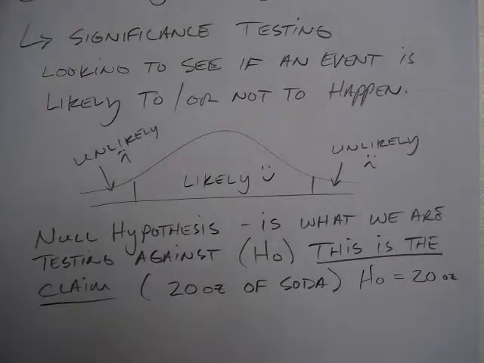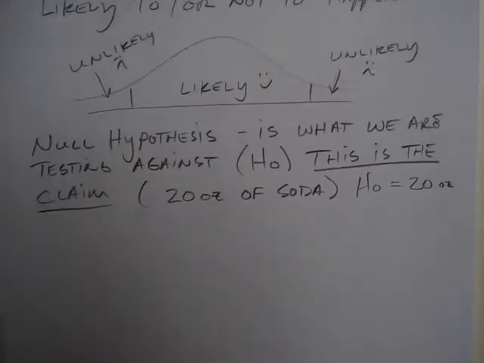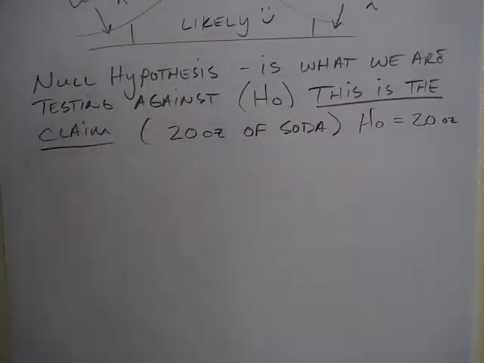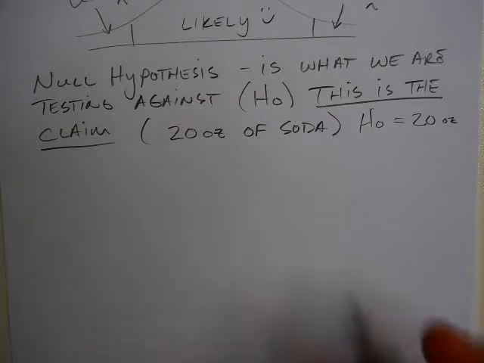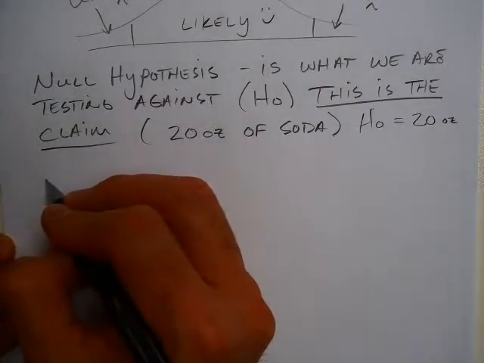Well, maybe I'm a concerned consumer, and so I measure the amount of liquid in every soda bottle I buy. Let's say I only buy Coca-Cola. I'll pick on the Coke company. I only buy Coca-Cola. And so I find that they're not filling their bottles to 20 ounces.